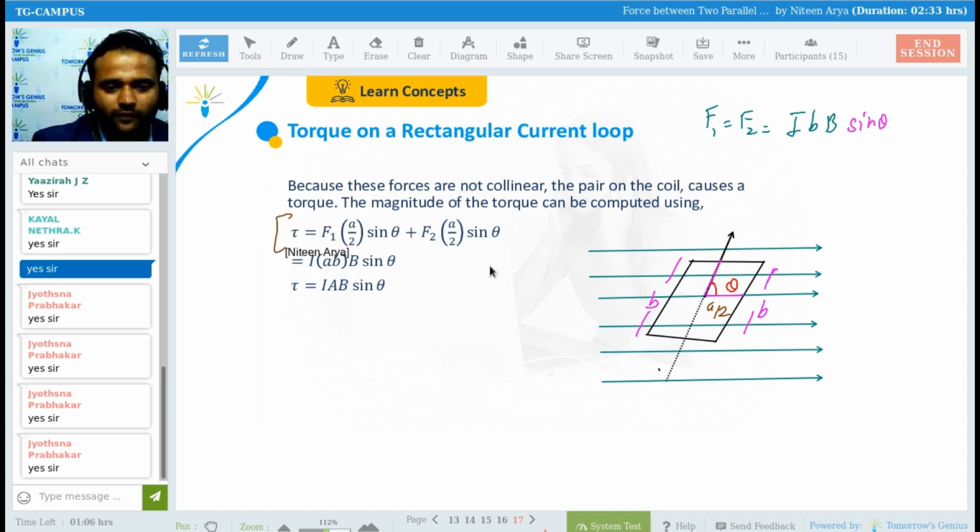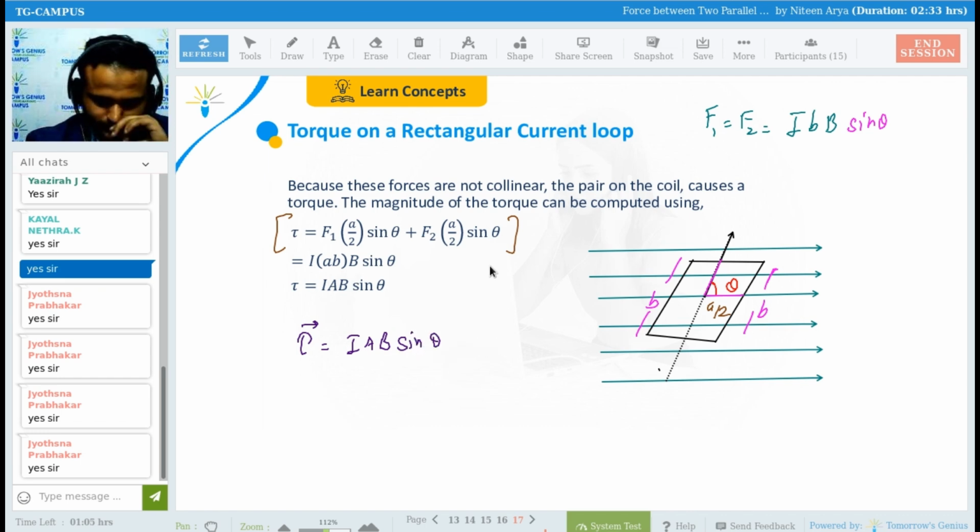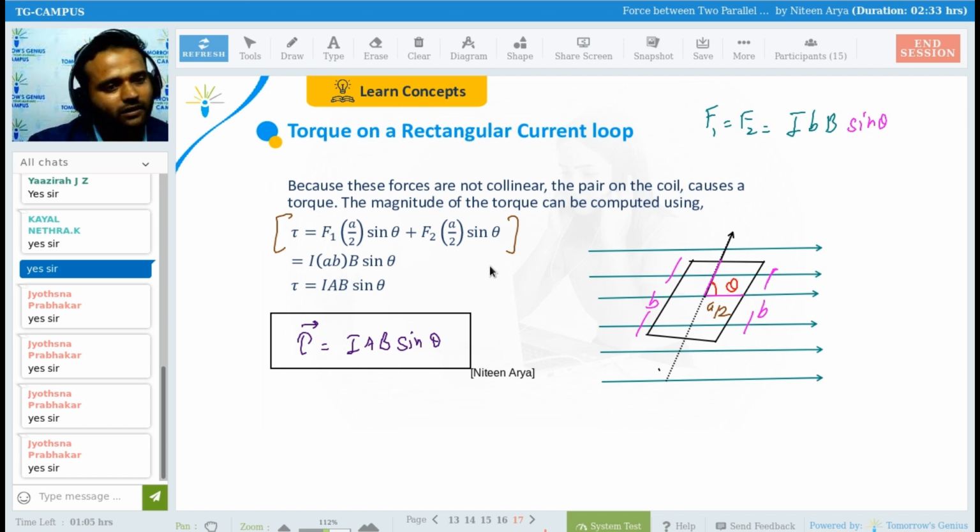So torque tau equals F1 A by 2 sine theta, similarly F2 A by 2 sine theta, which gives IAB sine theta. So torque tau becomes IAB sine theta. Here this theta gives the direction of torque. In the previous case, we got the direction of torque on behalf of the magnetic field. Clear?